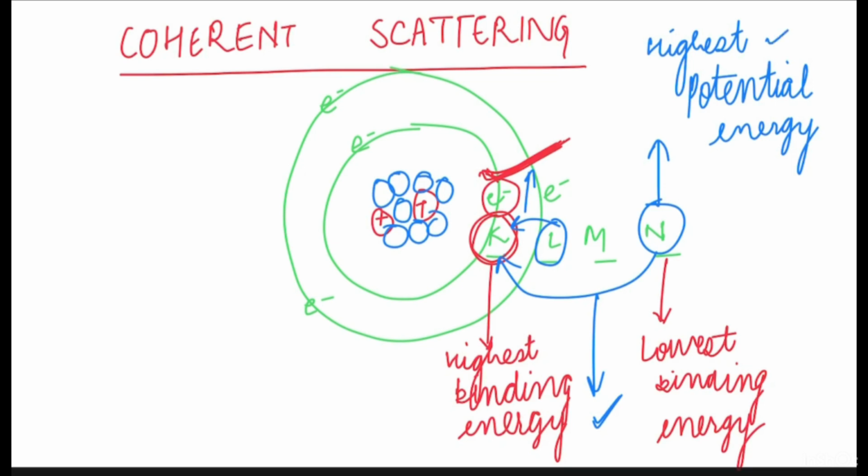So N shell has the highest potential energy and the K shell has the lowest potential energy.